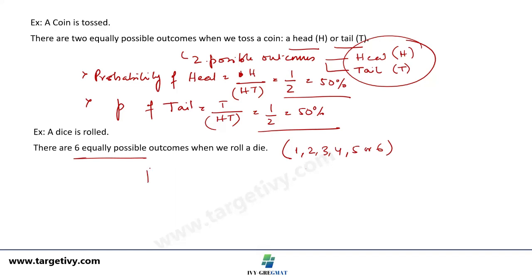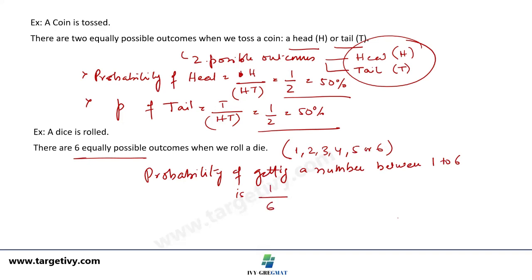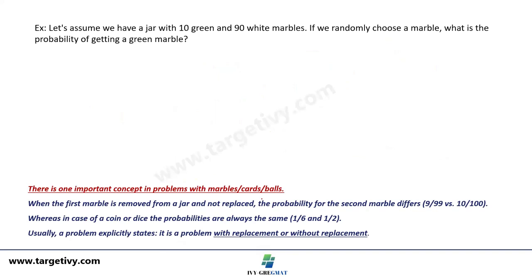So the probability of getting any number between 1 to 6 is 1 by 6. Fair?